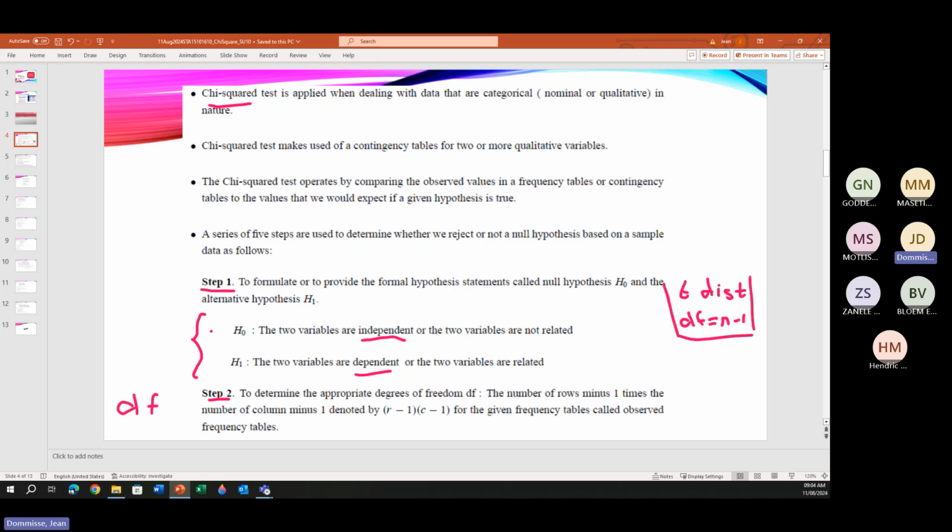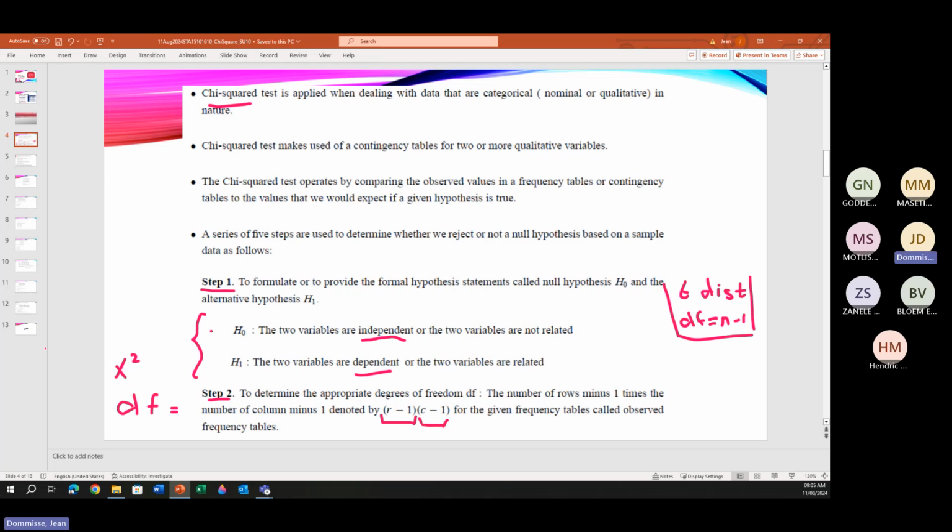But here with a chi-square, the degrees of freedom that we work out is a bit different. Because we sit with a table, it's going to be rows minus 1, multiplied by columns minus 1.